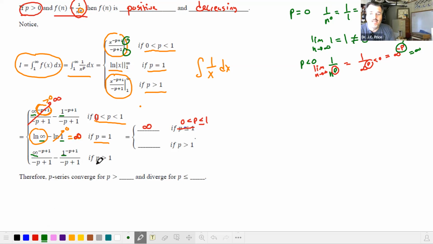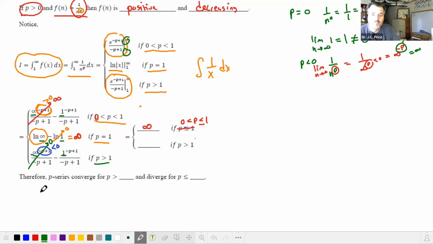Versus down here, when p is bigger than 1, think about what this exponent is. When p is bigger than 1, negative p is like negative 1 or to the left of it. So if you add 1, this is always going to be negative. And so you have infinity to a negative number. What's going to happen to this one? This is just going to be 0.